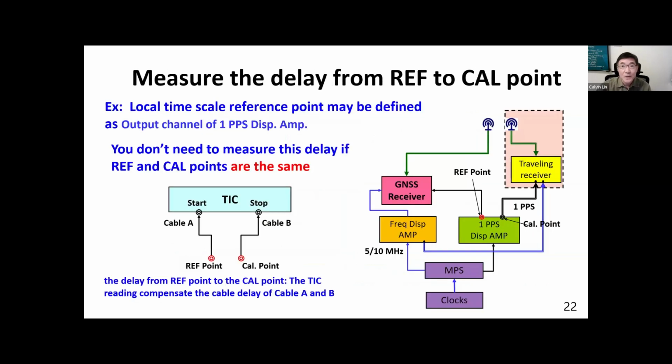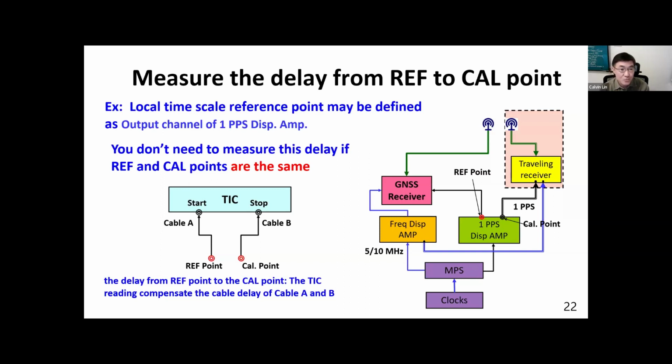Okay, but before we calculate or calibrate your internal delay, because the reference point and the point the travel receiver connects to may not be the same, we have to measure the delay from your reference point to your calibration point.